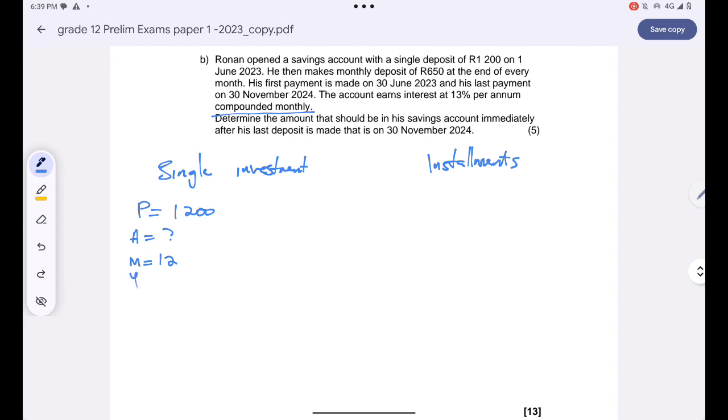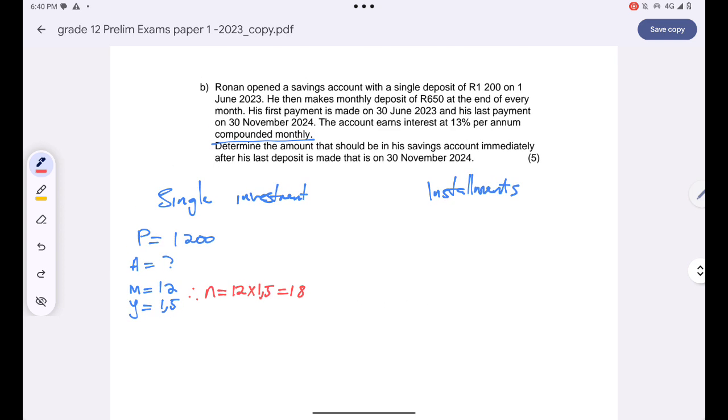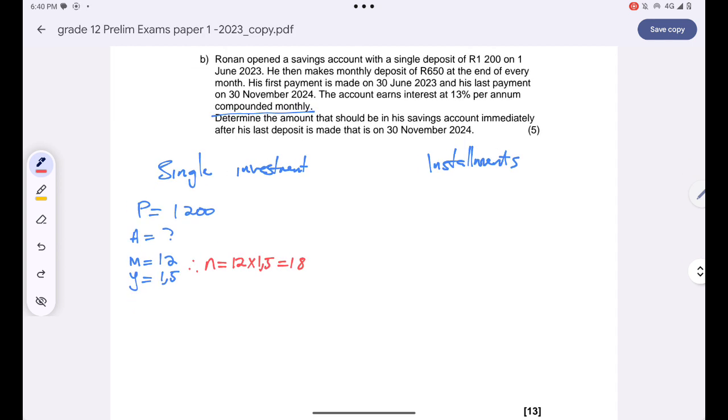So the number of years is 1.5, and hence n, the number of times interest is calculated, will be m multiplied by the number of years: 12 multiplied by 1.5, which gives 18. There are 18 months, and that means interest will be calculated for 18 months. Now, we don't know the amount that Ronan will have from this single amount. Let's move to the installment investment.